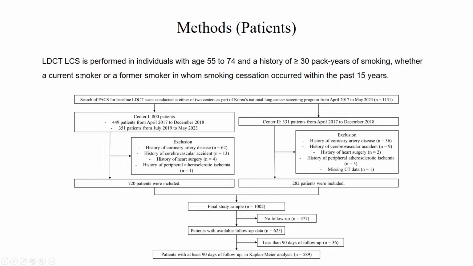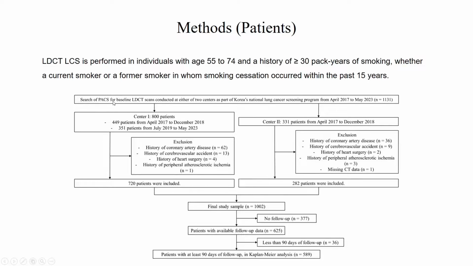LDCT lung cancer screening is performed in individuals aged 55 to 74 with a history of more than 30 pack-years of smoking, whether a current smoker or a former smoker in whom smoking cessation occurred within the past 15 years.